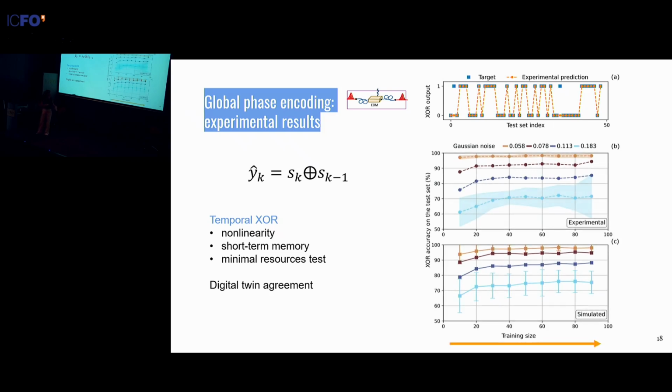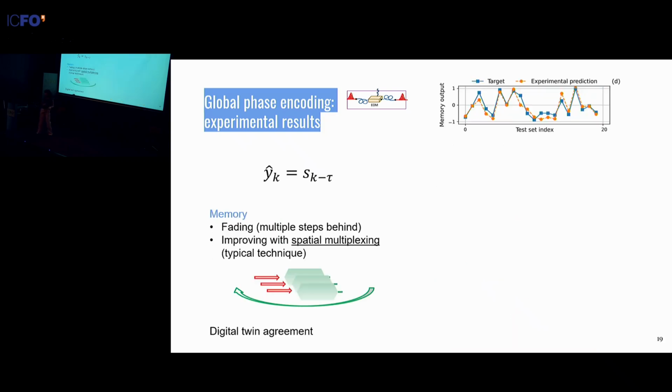We show that by increasing the training size, we reach a sort of stability. It improves the performance, of course, the less noise that you have on your reservoir. And experimentally, we did this by doing averages of the measurements. And we see that there is a good agreement between the experiment and the simulation. So we called this the digital twin of the experiment.